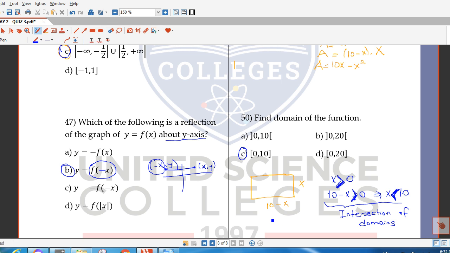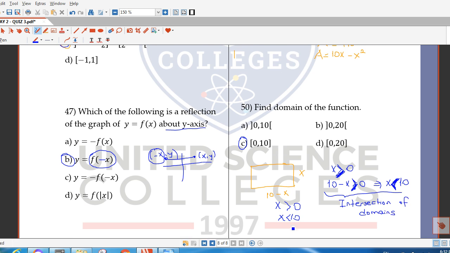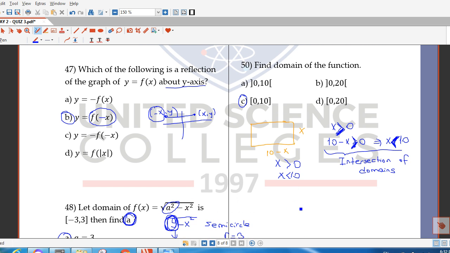So we take the intersection of x greater than 0 and x less than 10. If I draw a number line with 0 and 10, the region greater than 0 and the region less than 10, the point of intersection region is not C. Answer is A.